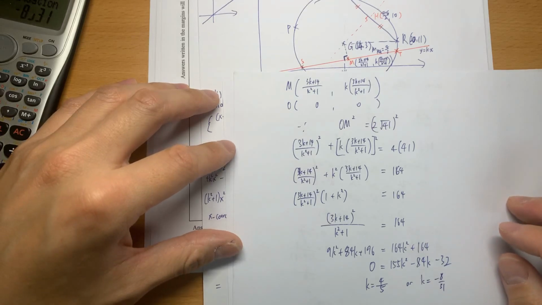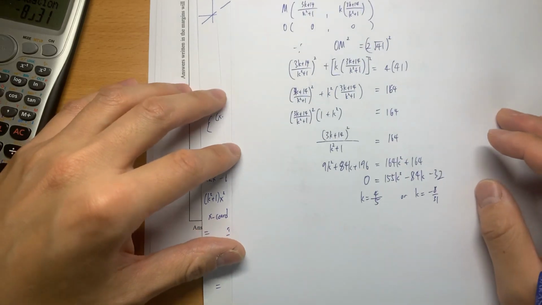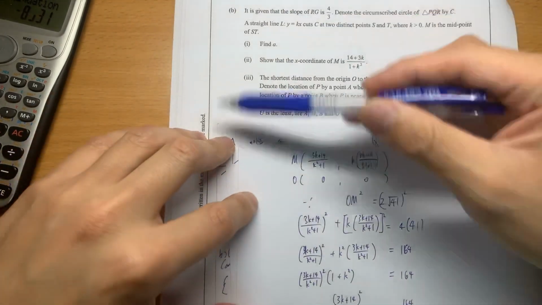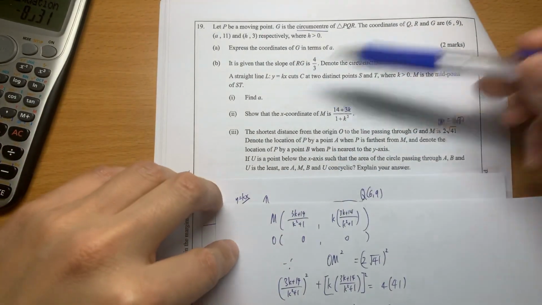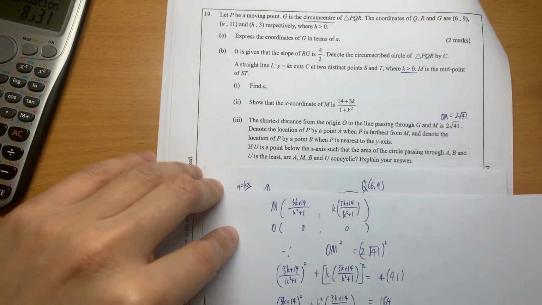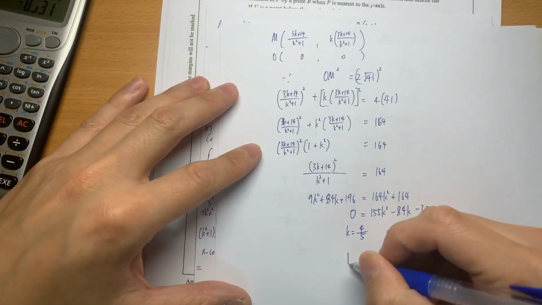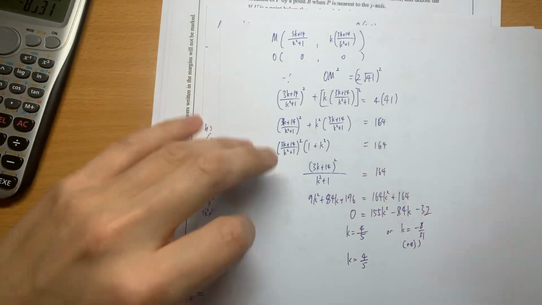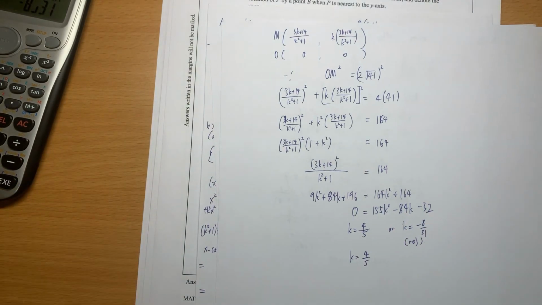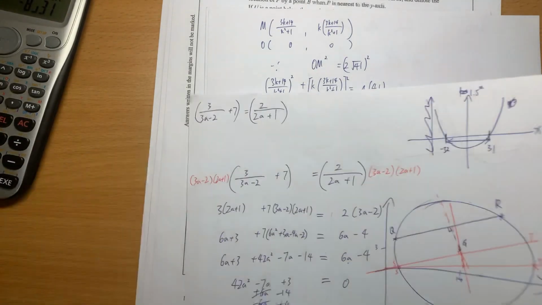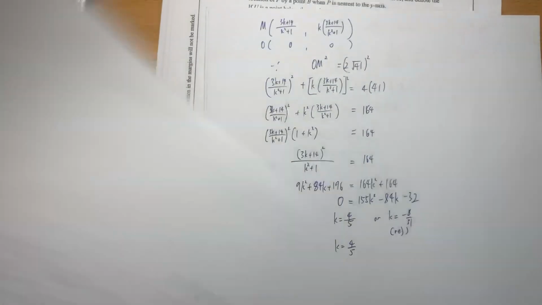It's quite good looking, but we have 2 choices, so we better check which one we need to reject. We find that k is positive, so this is rejected, and then we know k is equal to 4/5. At this moment, even if you don't know how to finish the rest, at least you get some method marks, even though it's not easy.